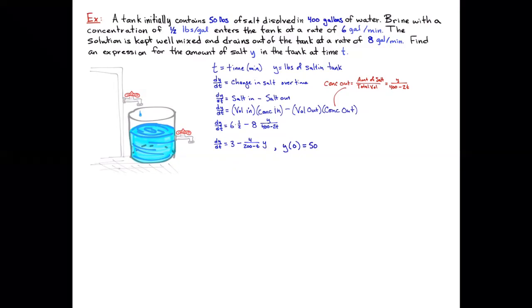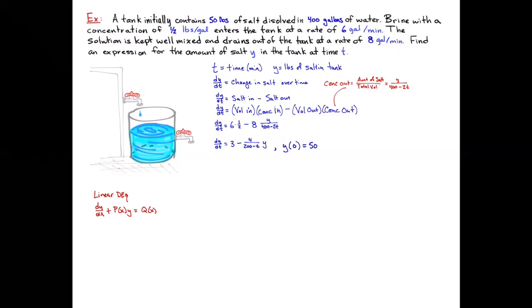Now I have my differential equation to solve. I look at it and say, ooh, it's not separable. I cannot separate that. But the good news is, since there's only a single y involved, I can write it as a linear differential equation. Remember, a linear differential equation is one that you can write in the form dy/dx plus p of x y equals q of x.